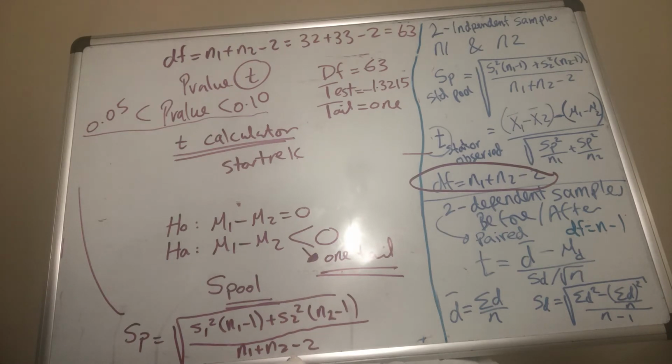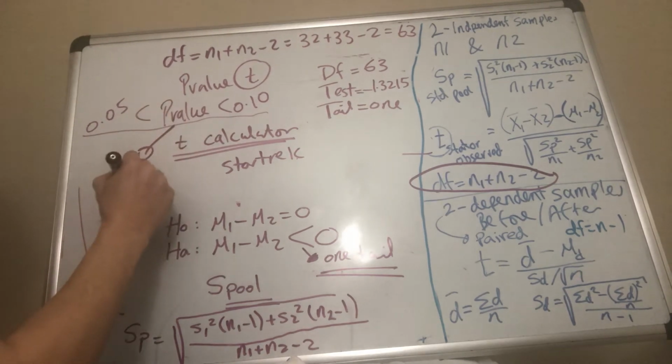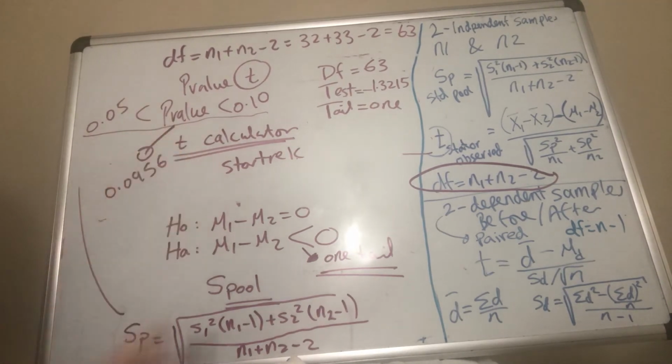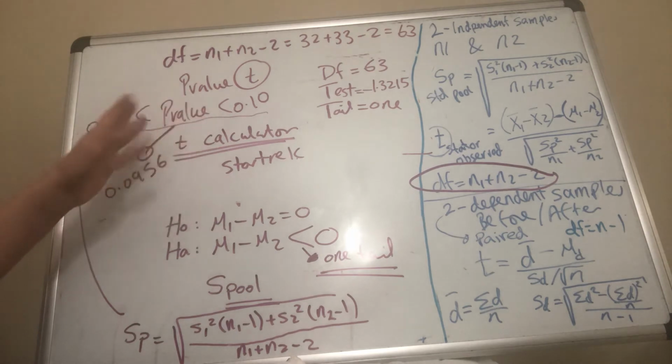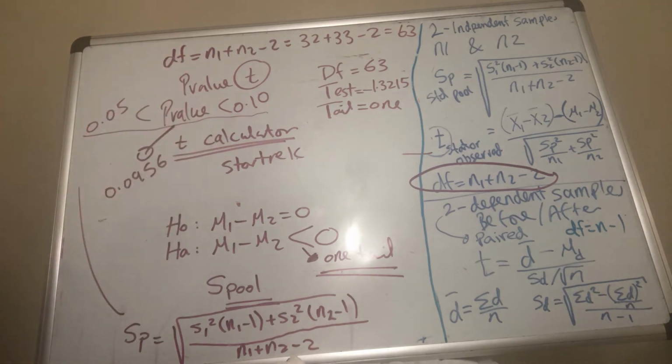You only need the degree of freedom and the t-score, and they tell you that your p-value is 0.956. So the exact p-value is 0.956. And as you see, this is the exact. We know it's between 5 and 10%. That's good. Now going back to the tutorial.